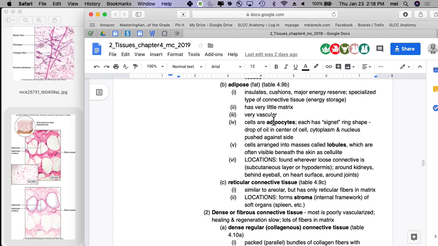Adipocyte. An adipocyte. And the adipocyte has what we call a signet ring shape, meaning if you look at a high school ring from the side, the stone is on one side and it's skinny everywhere else. So usually it looks really skinny with one lump for the nucleus on one side. So it's called a signet ring shape.